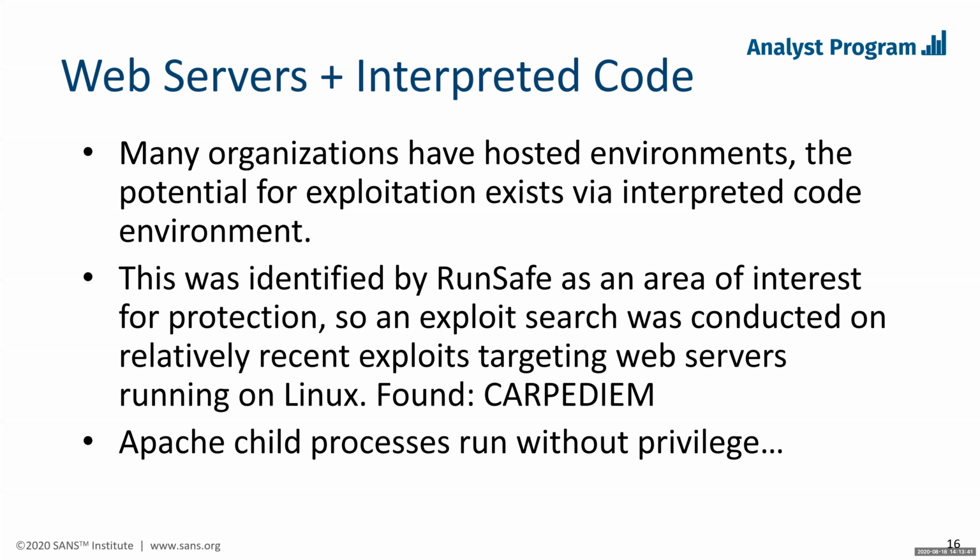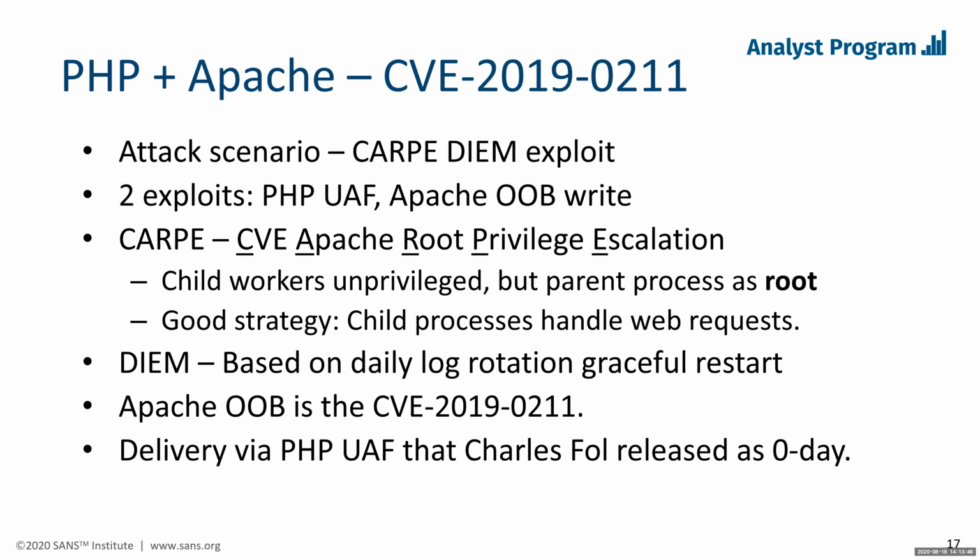Now, Apache child processes or worker processes run unprivileged. They run unprivileged because they're serving pages out to an internet request. But as it turns out, there's actually a parent root process which is running, which is responsible for starting Apache up, managing those child worker processes, doing the logging, and so on. And so the CARPE part of this named exploit is CVE Apache root privilege escalation.